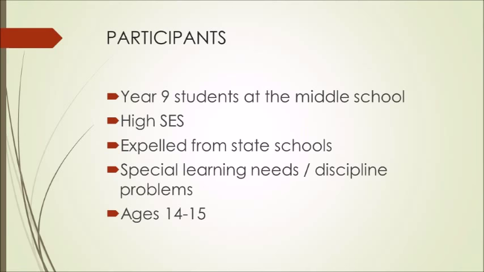Participants in the study are Year 9 students at the middle school where I work. These are students ages 14 to 15 with very high socioeconomic status, but many of them have been expelled from more strict state schools and have special learning needs and discipline problems which have not been addressed due to Chinese cultural issues.